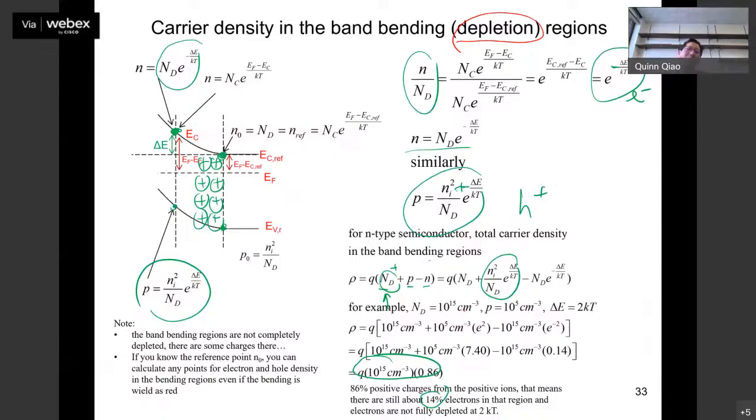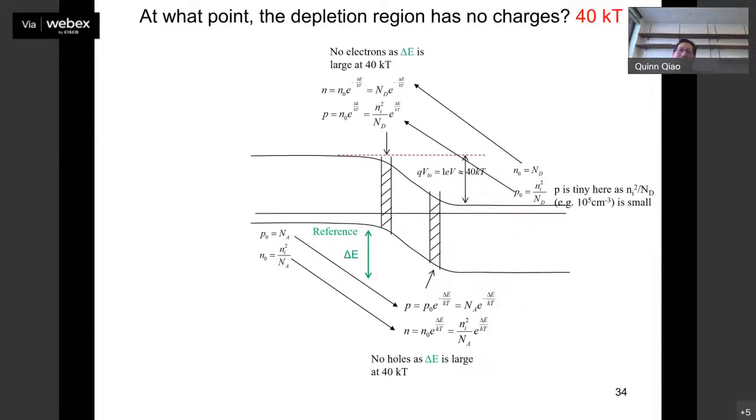And then in the junction, the positive ions, that's Nd, and the positive charge is the P. Then the negative charge will be the majority electrons. You just add these three together, and you can find that they are not fully depleted, right? So here it shows the same thing.